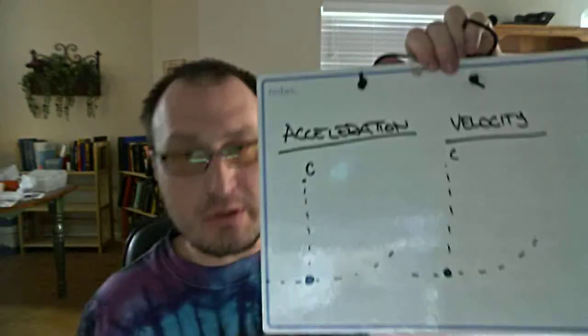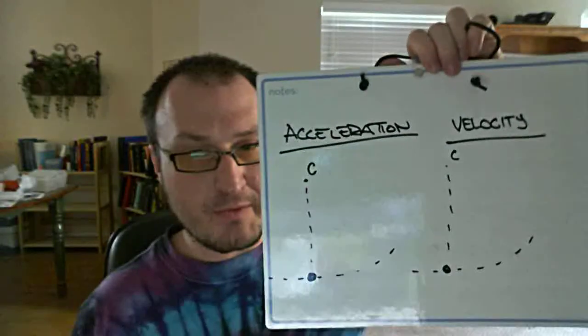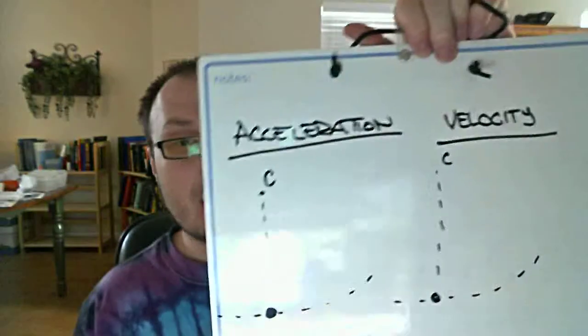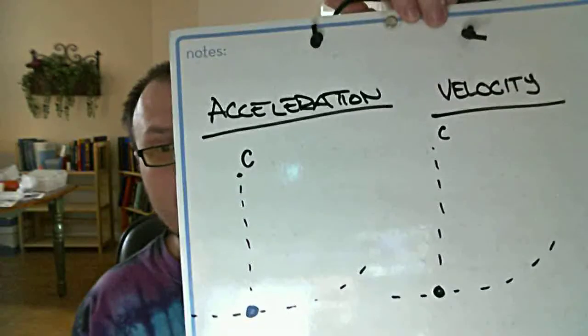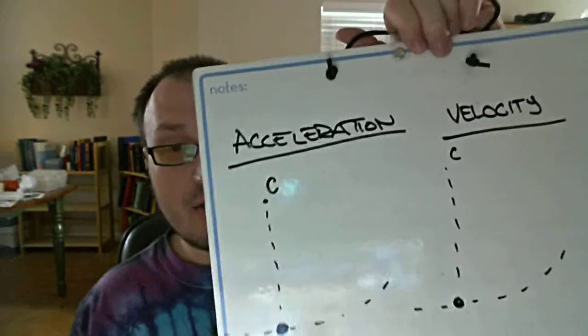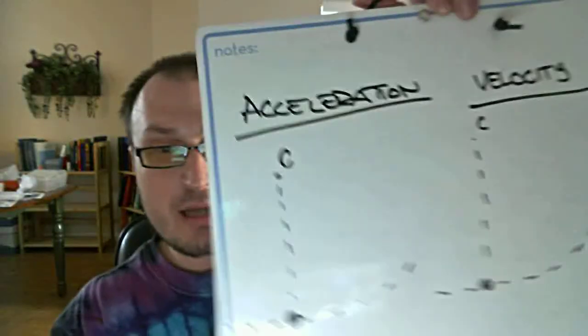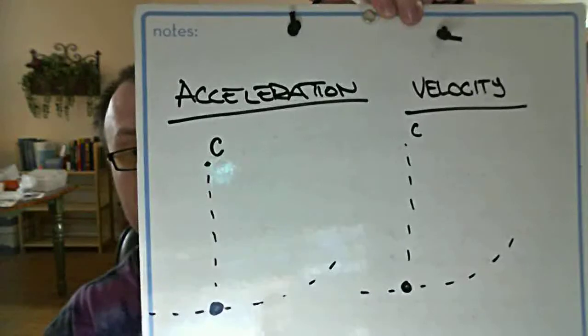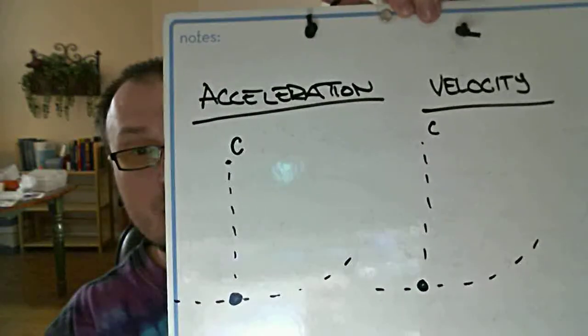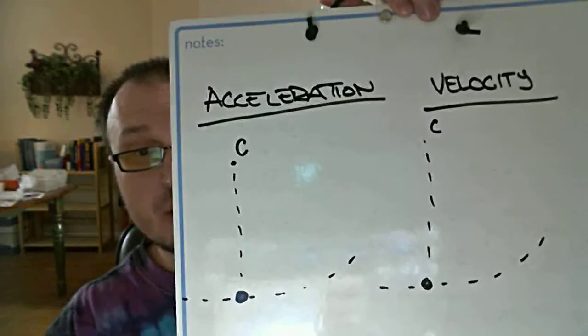So I would make two pictures, one for acceleration and one for velocity. I know I want the angle between the net velocity and the net acceleration. So I'm going to start with velocity. I need the net velocity. To get the net velocity, I need two components, the radial velocity and the tangential velocity.